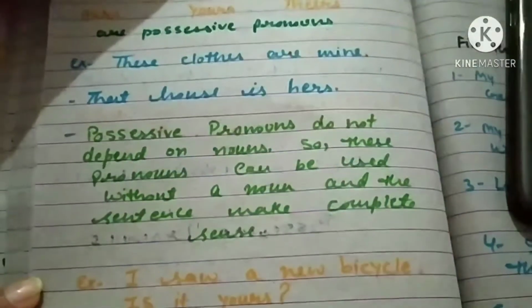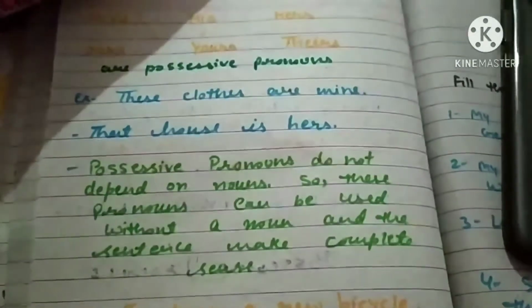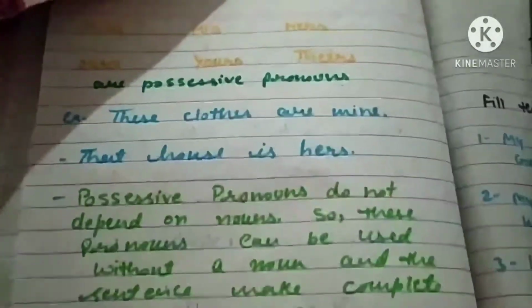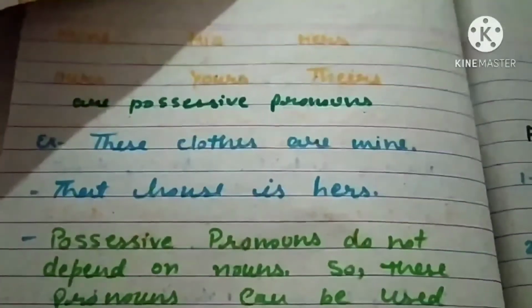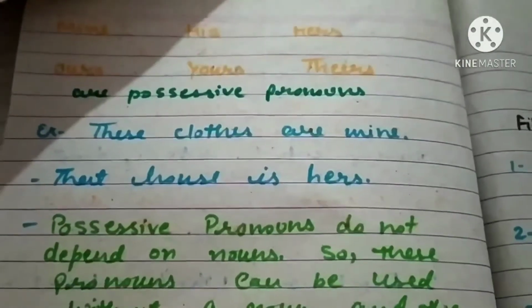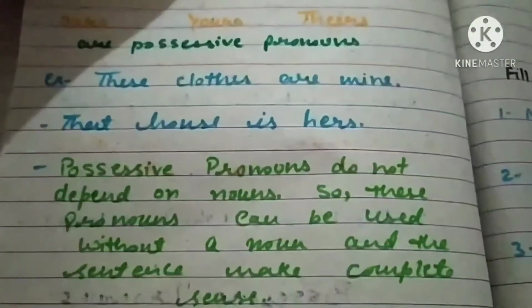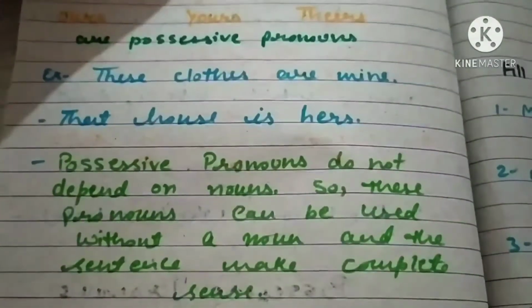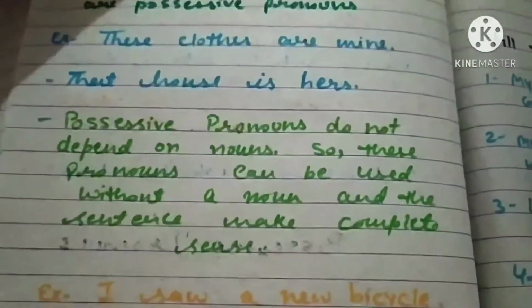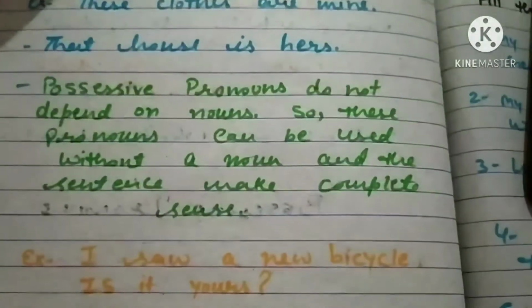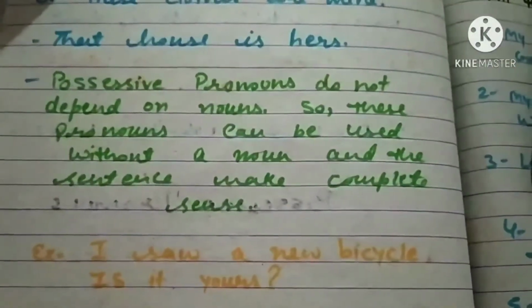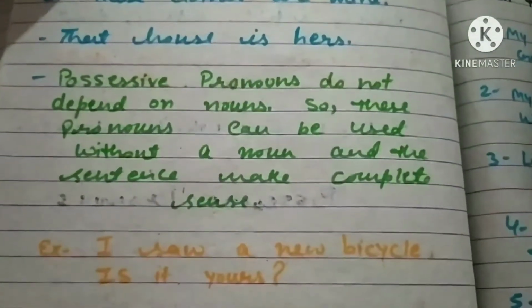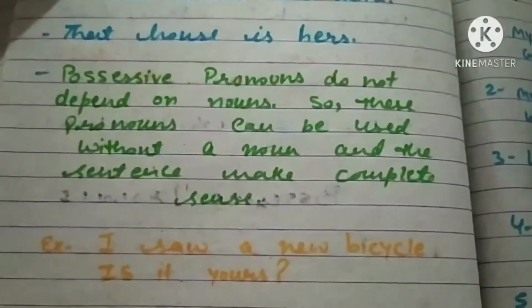Here are ours, yours, mine, his, hers, theirs. These are the possessive pronouns. For example, these clothes are mine. That house is hers. Possessive pronouns do not depend on a noun. These pronouns can be used without a noun and the sentence makes complete sense.